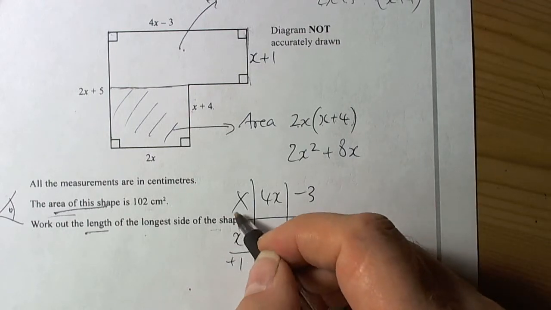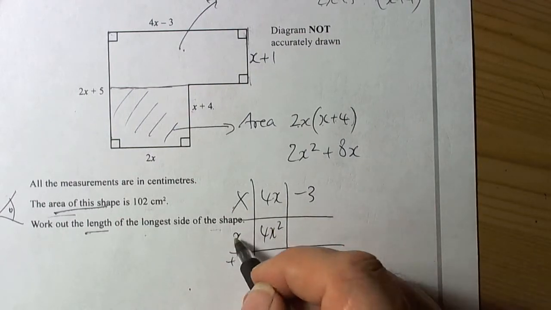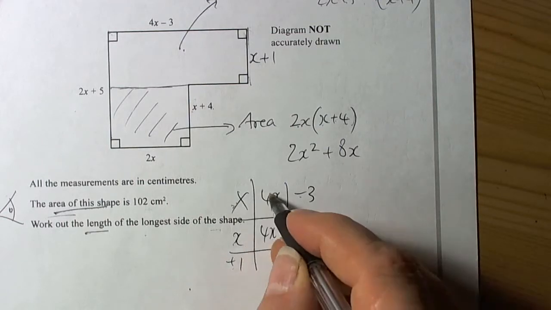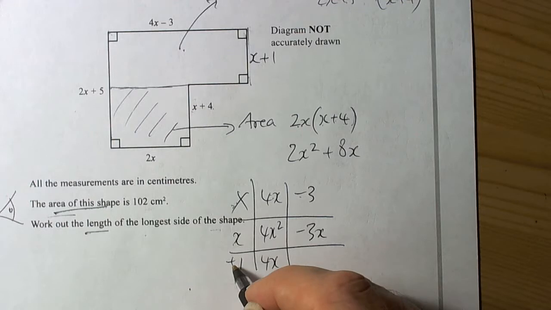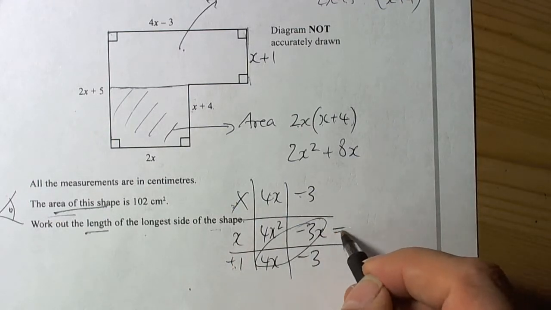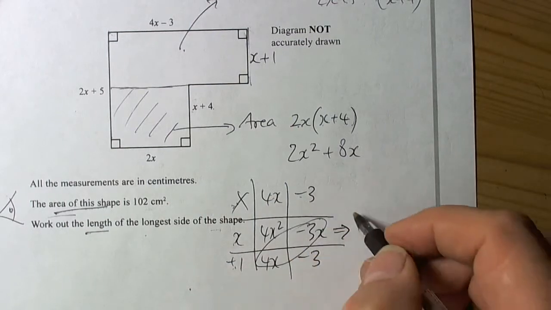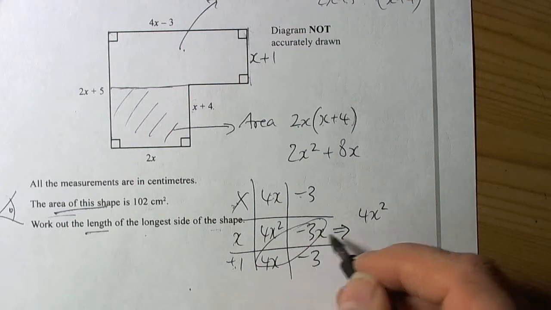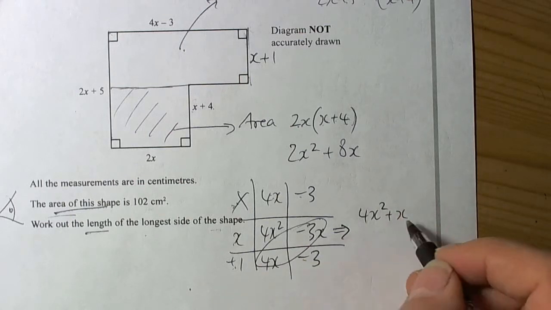So we've got x times 4x, 4x squared, x times negative 3, negative 3x, positive 1 times 4x, 4x, positive 1 times negative 3, negative 3. Collect like terms together. So this one gives me an area of 4x squared, 4x take away 3x leaves us with a positive x, take away 3.